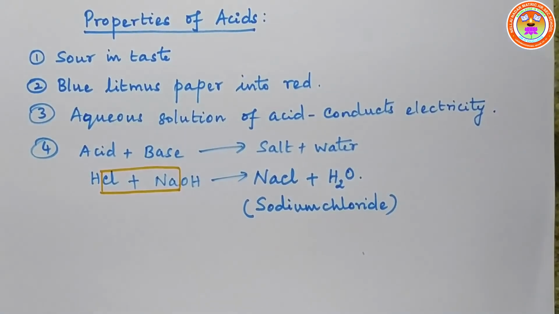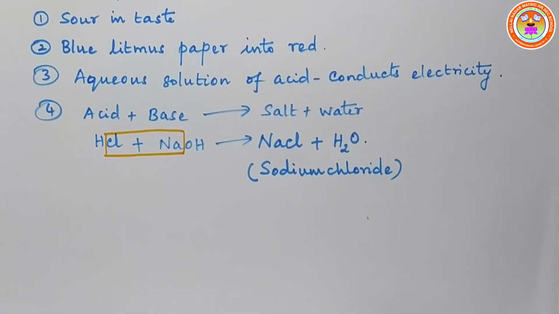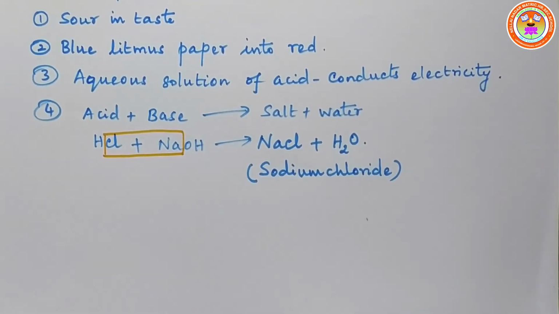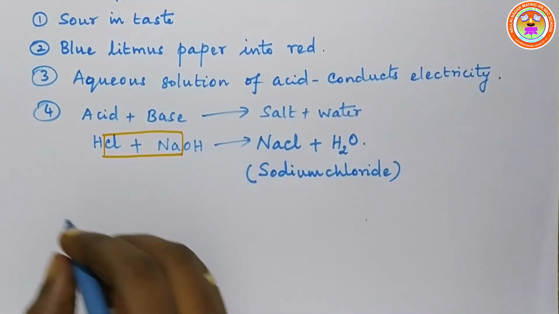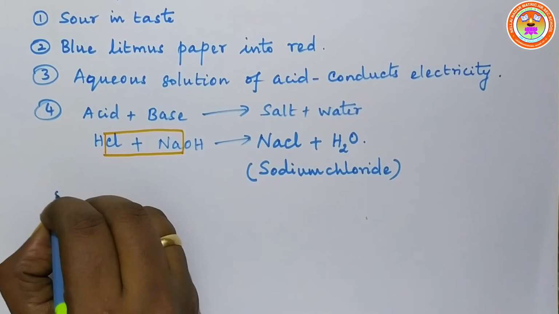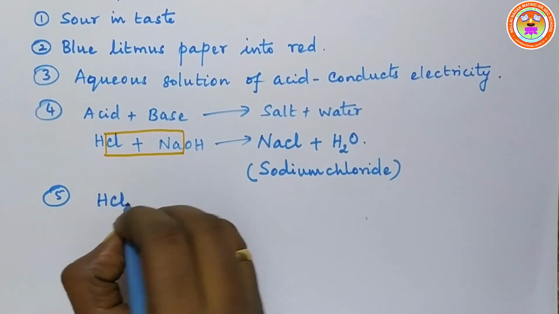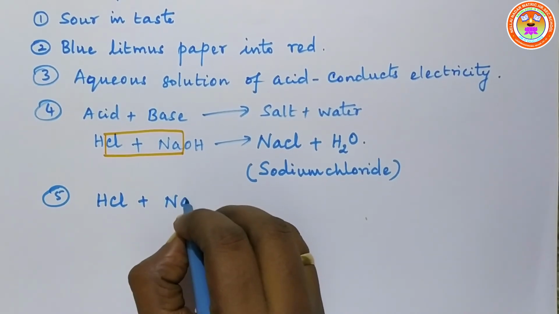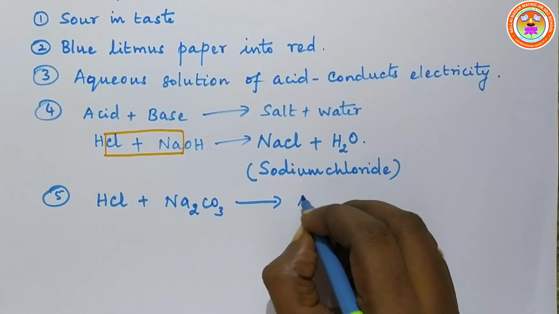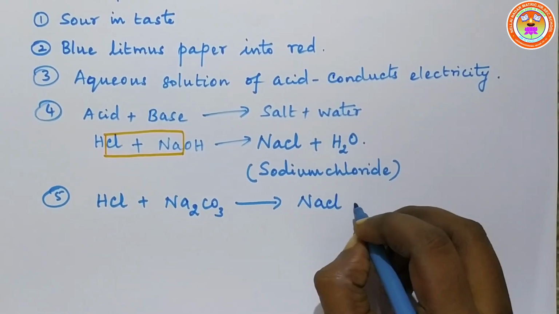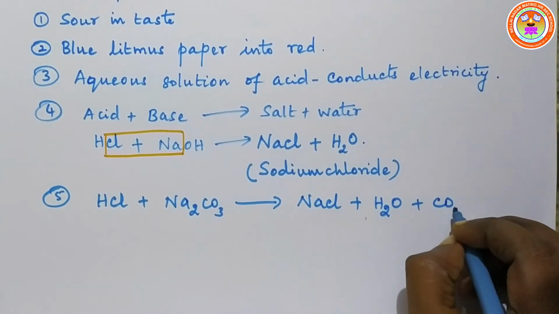Whenever an acid reacts with a carbonate salt or bicarbonate salt, it results in the evolution of carbon dioxide gas. Hydrochloric acid, when it reacts with sodium carbonate, forms the salt sodium chloride, then water, then carbon dioxide.